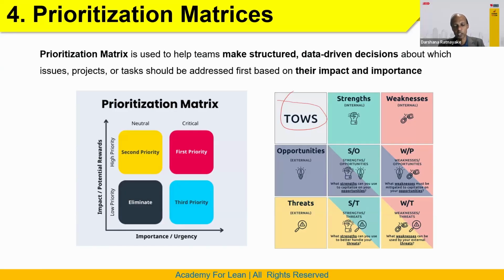To use TOWS, you need to do the SWOT first. So these are other types of prioritization matrices. There are 100 of prioritization matrices in the world. These are 2 examples. We'll do it and get to understand more what these prioritization matrices are.